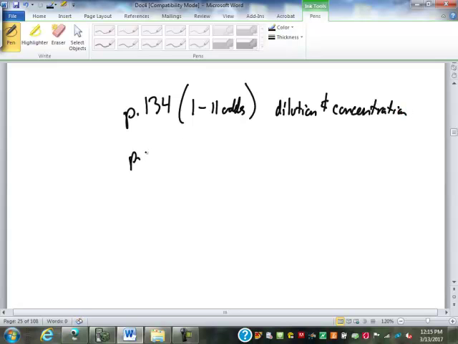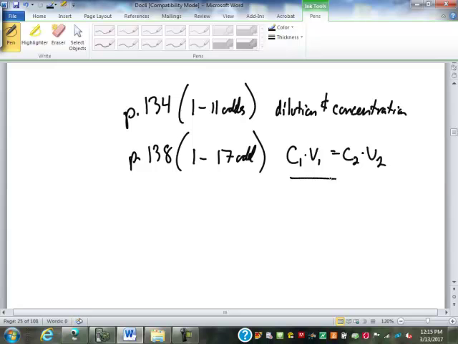And then on page 138, 1 through 17, the odds. That's going to be that change of concentration formula, C1V1 equals C2V2, and all the different applications of that.